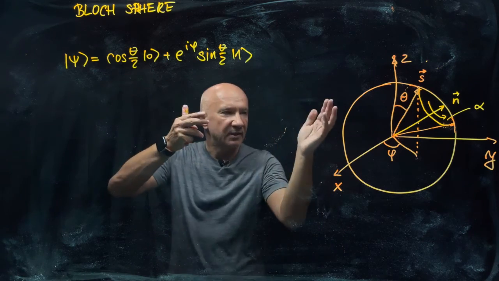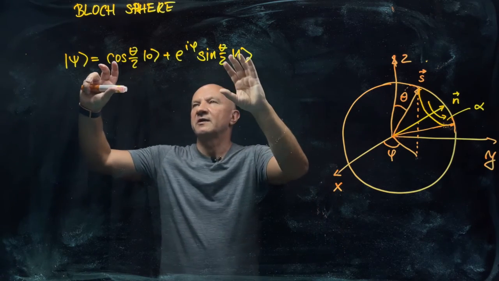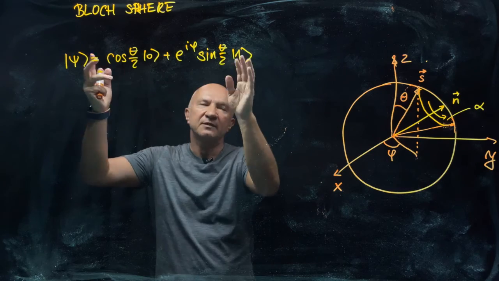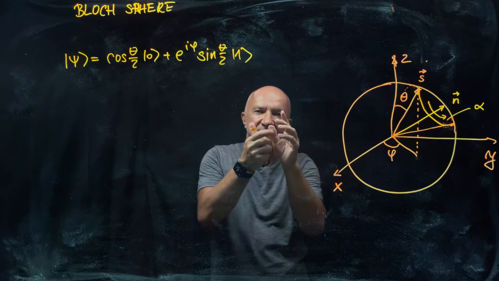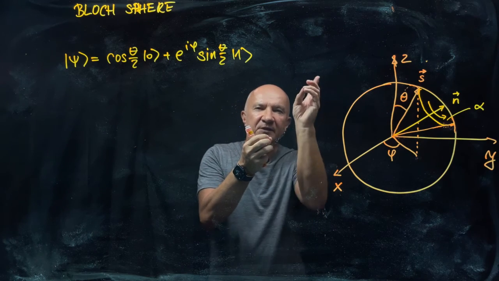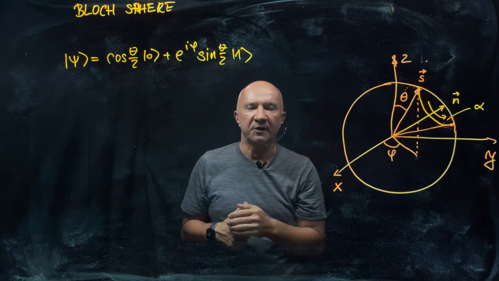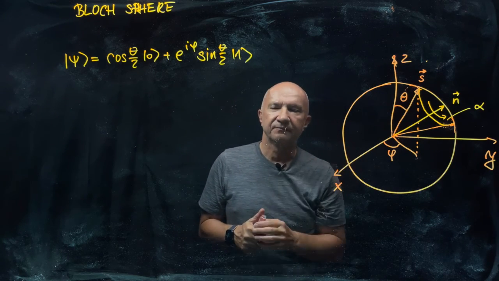So I have this one-to-one correspondence. Instead of thinking about the qubit being in this particular state, I can think about a unit vector in three-dimensional Euclidean space pointing in some direction that is specified by theta and phi.